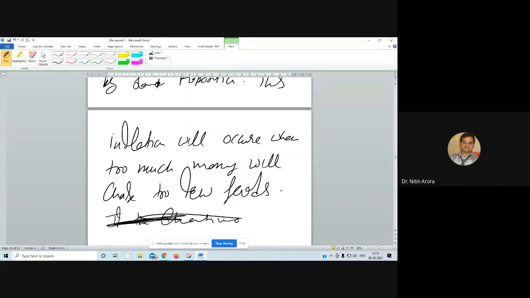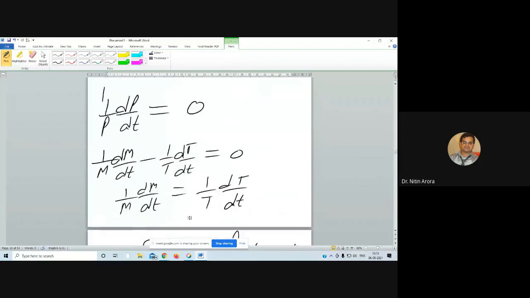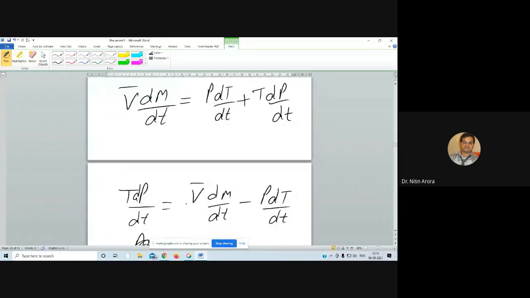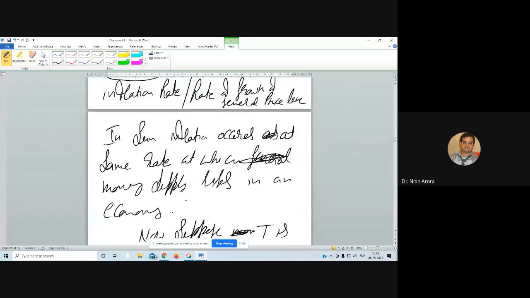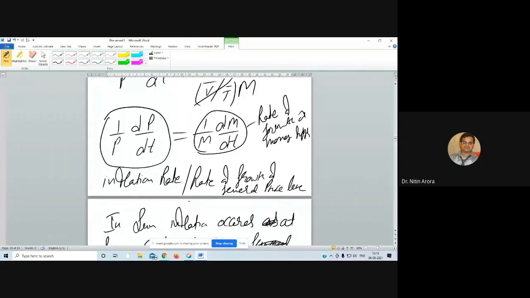So this was the classical theory of inflation, where we proved that inflation will occur only if there is a shortage of level of output and money supply is in excess of the level of output. We say whenever additional money supply is pumped and the output level remains the same, then ultimately prices will increase.